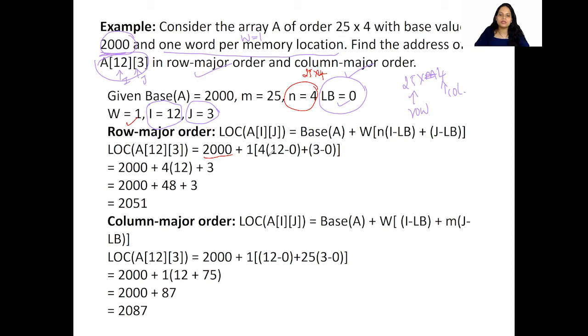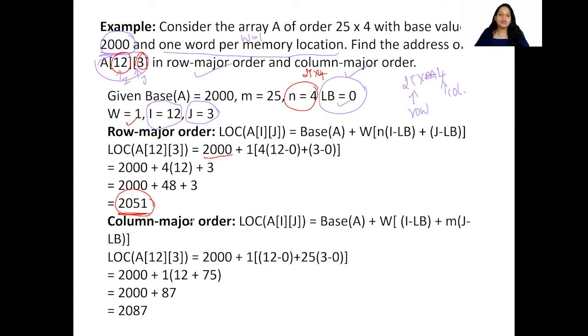I value is 12 minus 0 and J value is 3 minus 0. So 2000 plus 1 into 4 into 12 plus 3. 4 into 12 is 48, plus 3. So this is the address of this element in row major order.